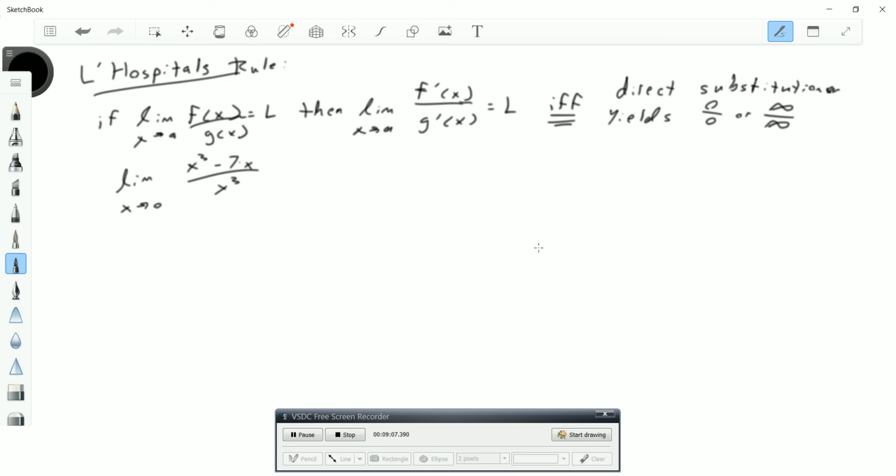So we can use L'Hopital's rule. So by L'Hopital's rule, this is equal to the limit as x goes to 0 of, now we take the derivative of this numerator, and the derivative of a difference is the difference of their derivatives. So in other words, we can just take the derivative of x cubed and the derivative of 7x and just subtract the two. That should be fairly intuitive to you.